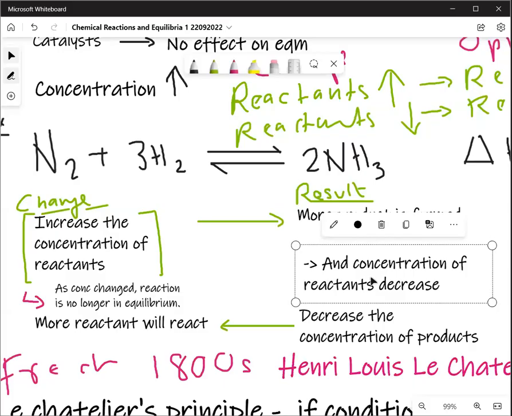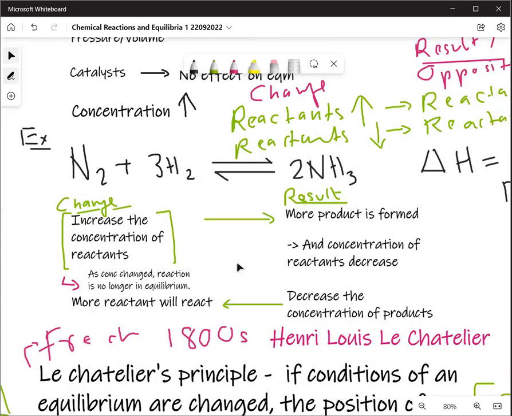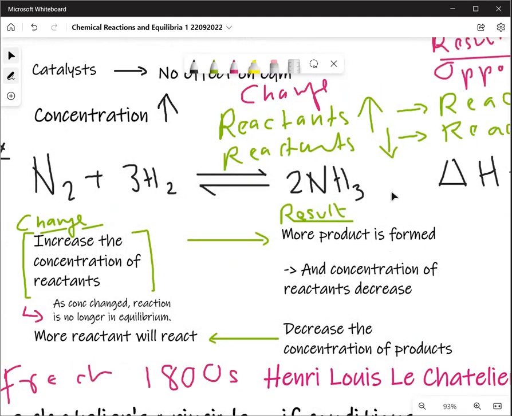Now what were we learning? We realized that whatever change I make, the reaction will do the opposite of it. Is that clear? Say it back to me. Whatever change I make, the reaction will do the opposite. Not the product side, sorry, not like that.